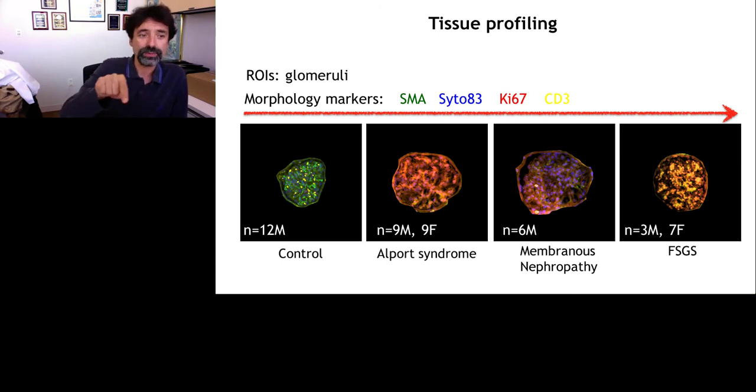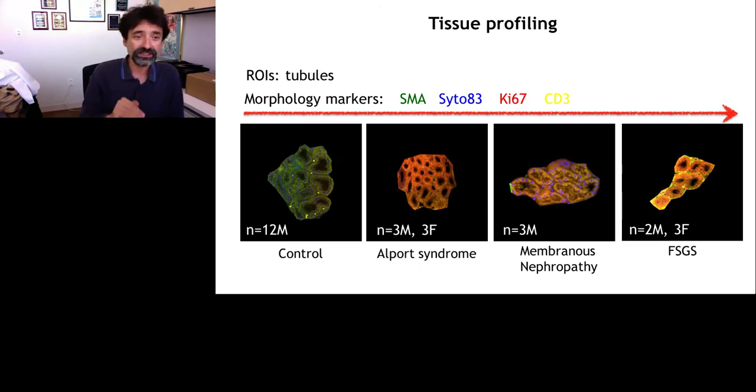So we picked the glomeruli in each of these biopsies. And then we took the tubular areas in each of these biopsies, with the ultimate goal to define the transcriptional profile in each of these single areas of each single biopsy of each single patient.